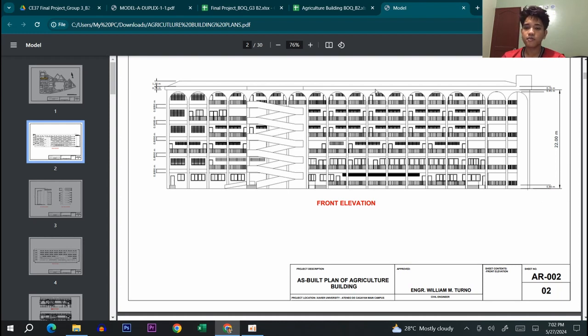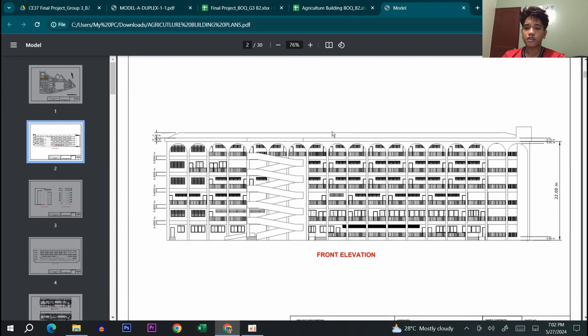And for some specifications, since we really don't know the very specific details of the materials used, we also made some references online, and some of the finishes or other materials were also referenced from the unit pricing or the materials used for the duplex houses for our final project split. So moving on to the Excel file.